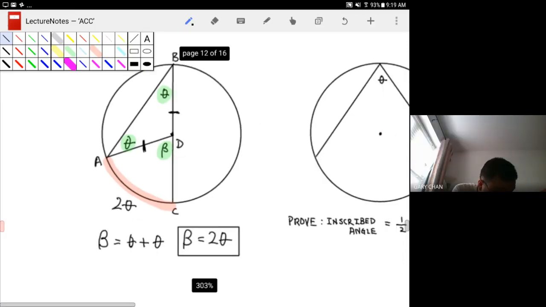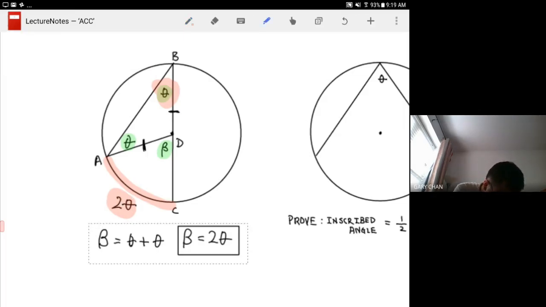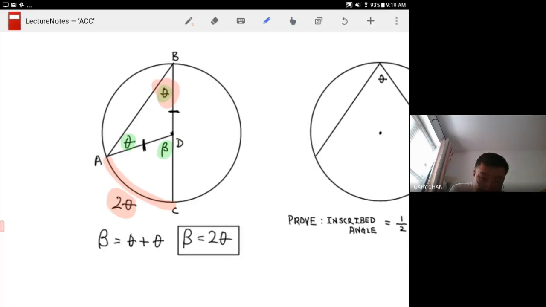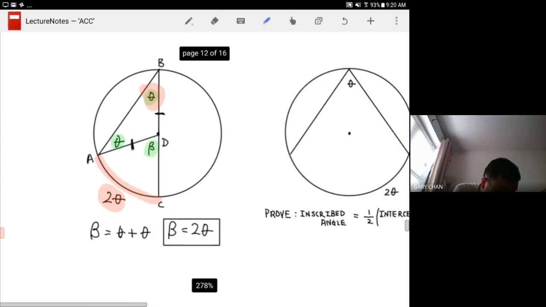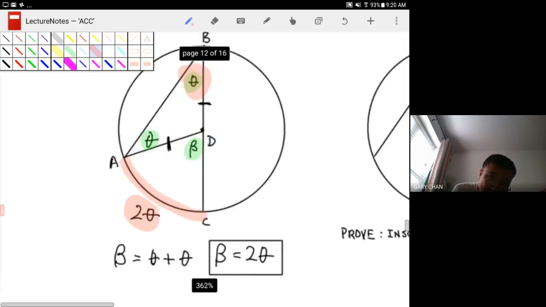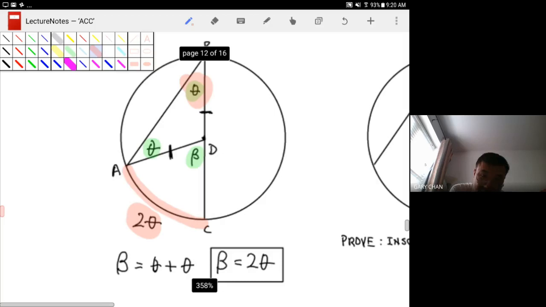Okay, so the inscribed angle is going to be half of that intercepted arc. That's it. This is the proof. Okay, so why am I asking you to go through this? Because in about a week and a half or so, this is going to be another theorem that you will be using in your assignments.